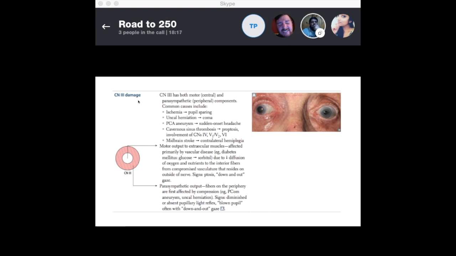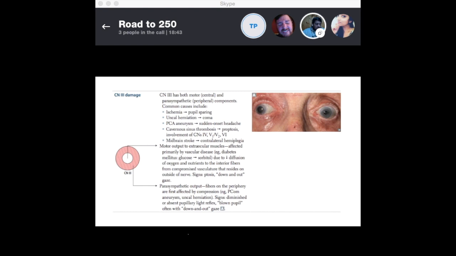So now there's something that I learned called the rule of the pupil, and that's obviously any cranial nerve 3 lesion, it's going to be down and out, as you can see, down and out. However, if the pupil is dilated, the parasympathetic nerves are impacted, and that's usually because the parasympathetic fibers run on the outside of the nerve.